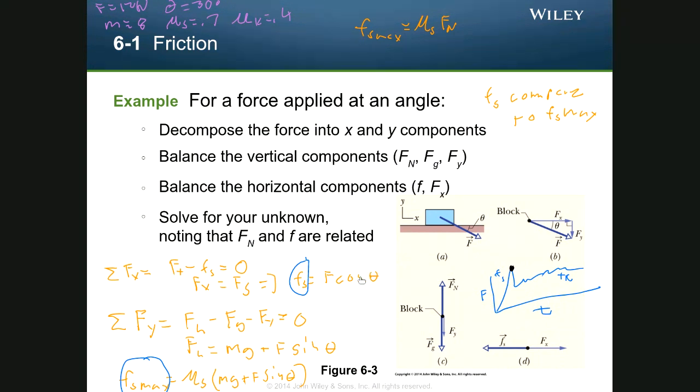But once you calculate the normal force, which you also get from summing the forces, then you have this next step where you can plug the normal force in to this part of the equation.